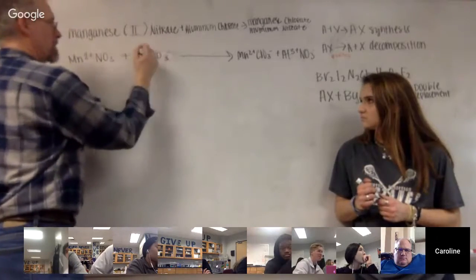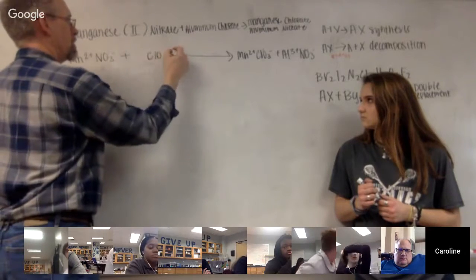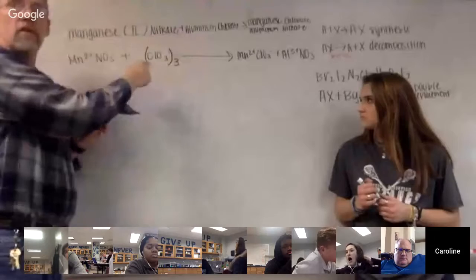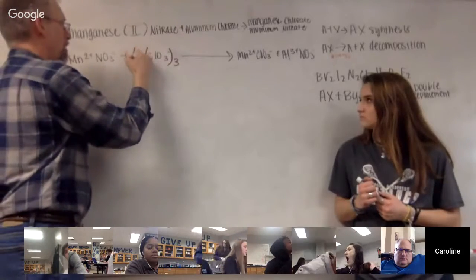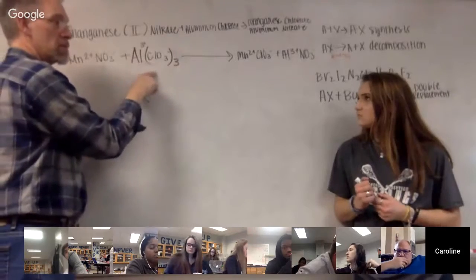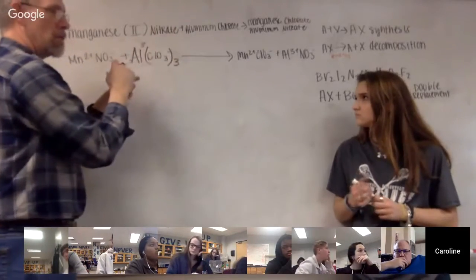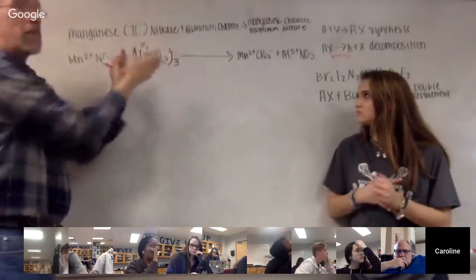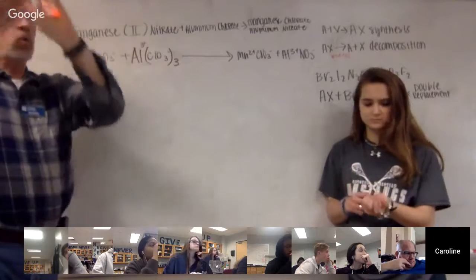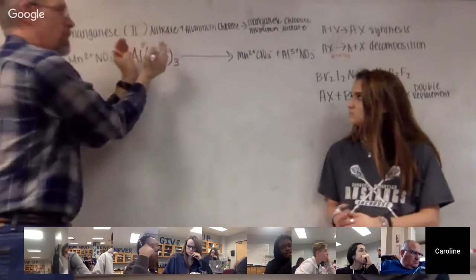So I'm going to give myself a little space here because I'm going to need to put parentheses in here. And I need to have 3 of those to overcome the power of that one aluminum. It's got a 3 positive charge. Does that make sense? So this is my crisscross that y'all were doing before. Except I've got to remember that because it's a polyatomic, you have to think of the whole thing as one chunk.